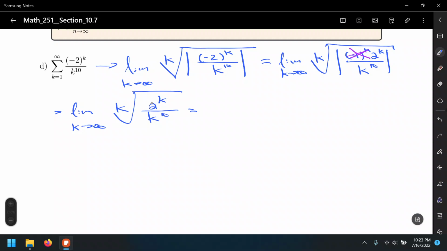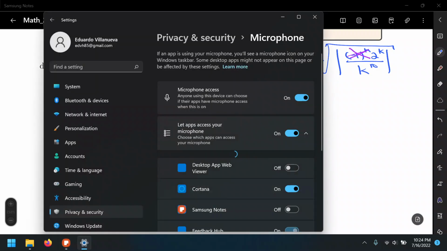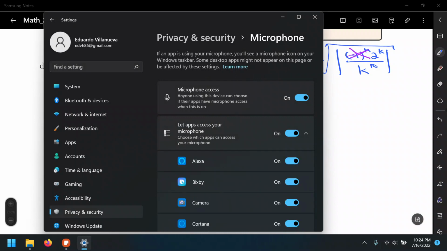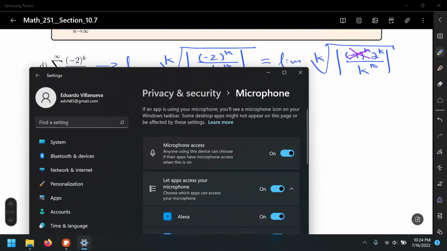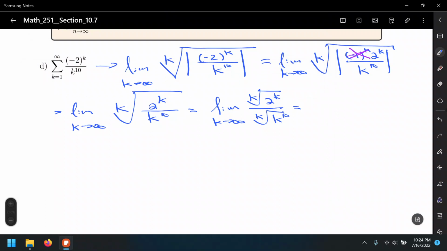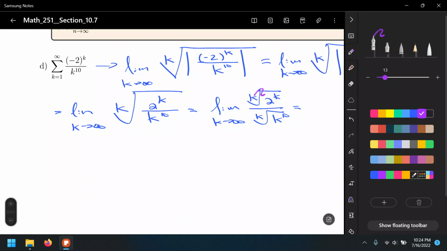Number 1, the radical of a quotient is the same as the quotient of the radicals. So in this case, the k cancels.